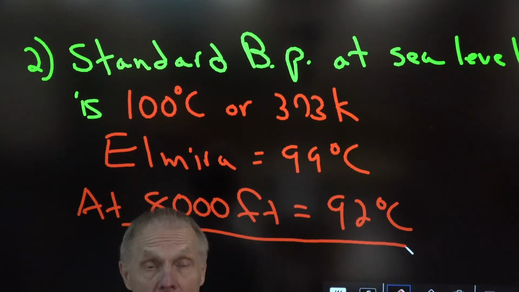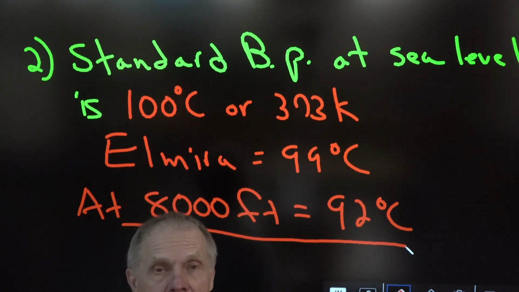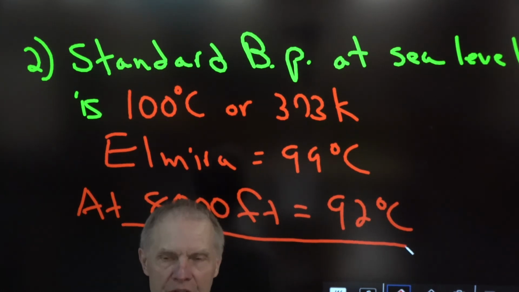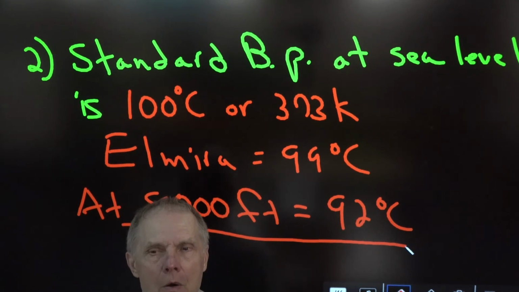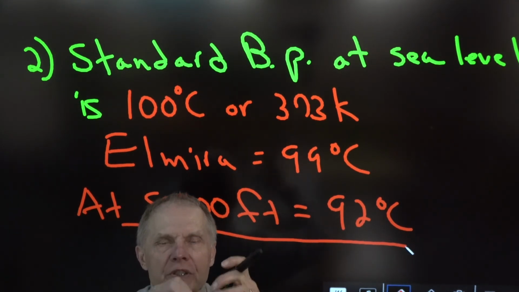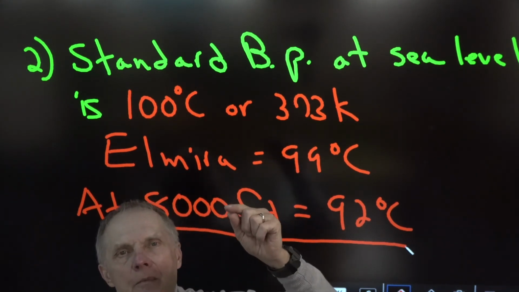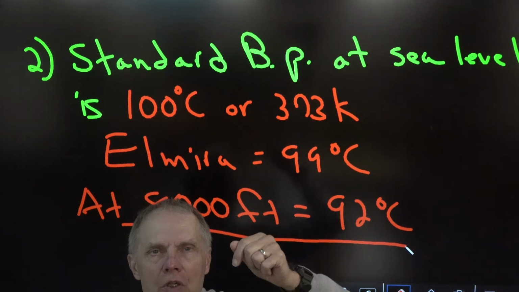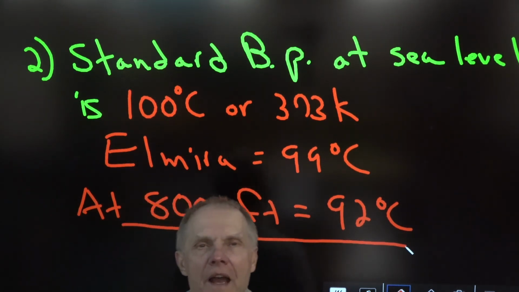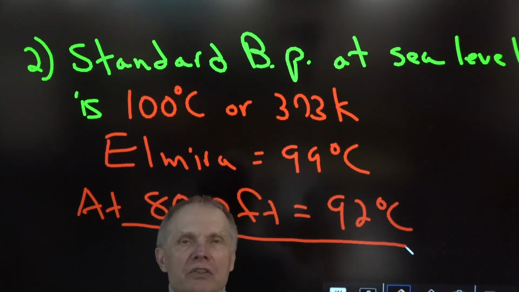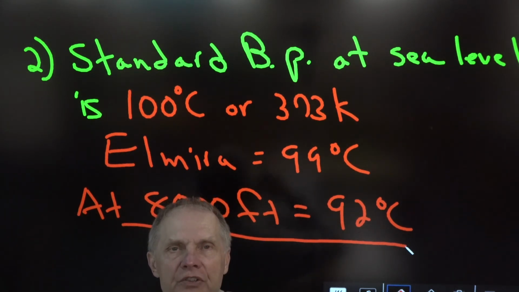So let's talk about a pressure cooker. They're great, especially the new ones. So a pressure cooker makes the atmospheric pressure inside the pressure cooker much higher. So if the pressure inside the pressure cooker is super high, that means the vapor pressure has to be much higher to equal it, to make things boil inside.